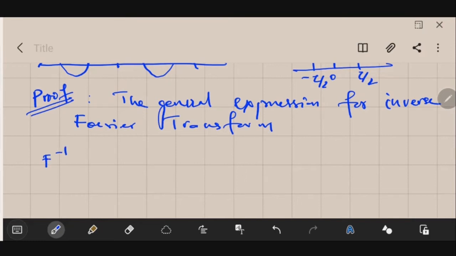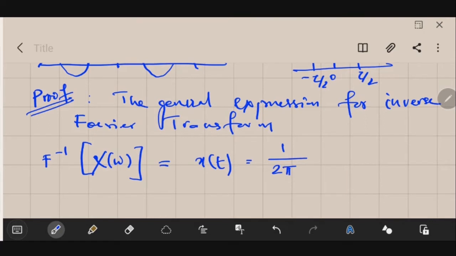F inverse of capital X of omega, that is the inverse Fourier transform, so we will get x of t. And the formula is like this, as Srijani said, 1 by 2 pi integral from minus infinity to infinity, capital X of omega e to the power j omega t d omega. So this is the normal formula for the inverse Fourier transform.